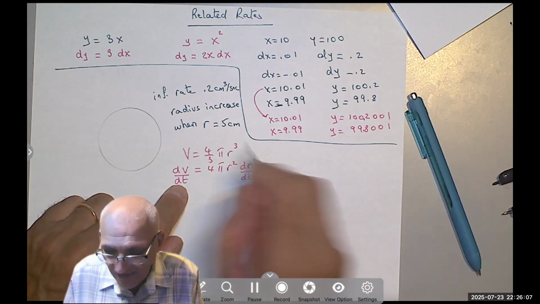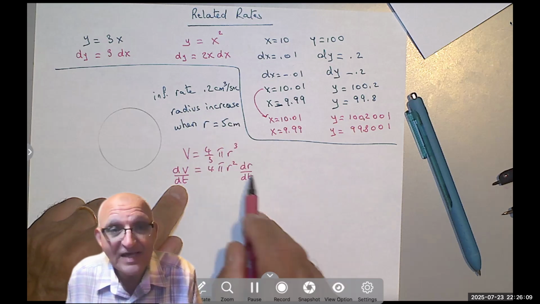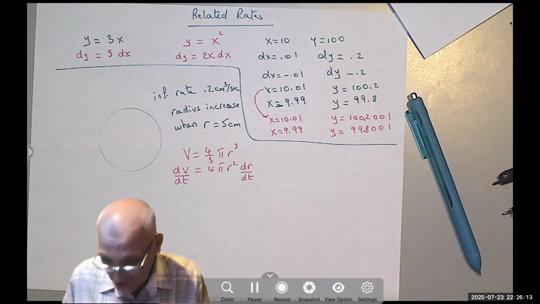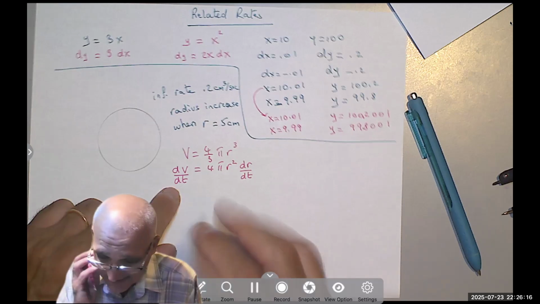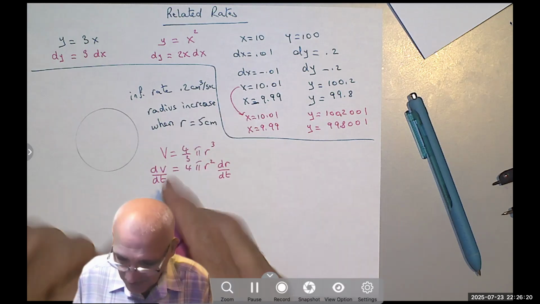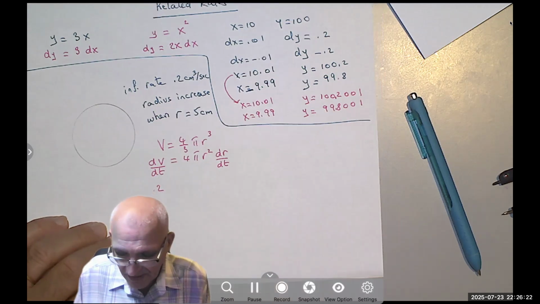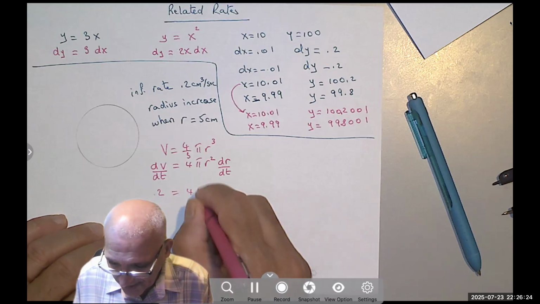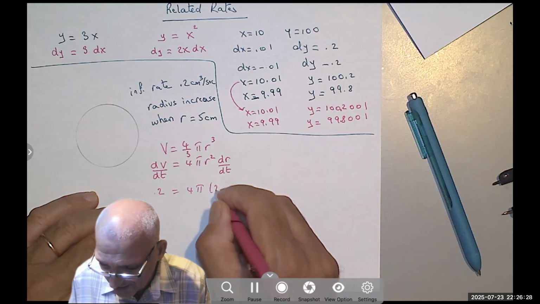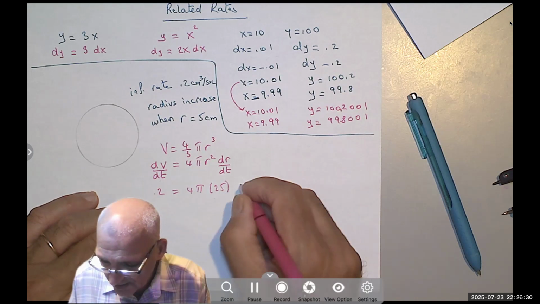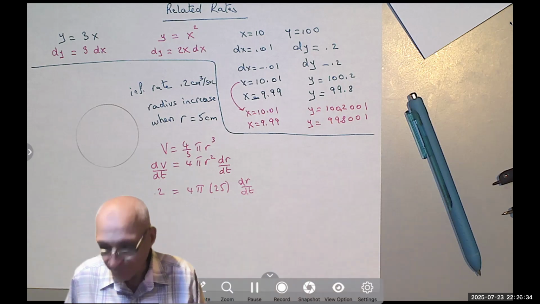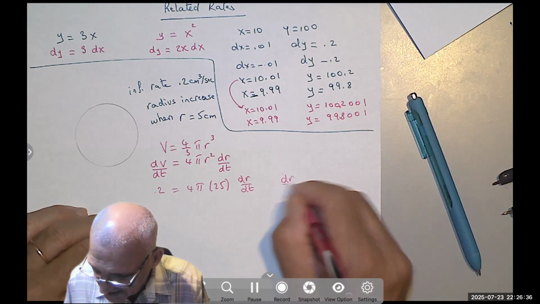And we want to find the rate of increase of the radius when the radius was 5. So the equation is that the inflation rate dV/dt, 0.2, equals 4 pi, and we give a value of r to be 5, so this is 25 dr/dt.